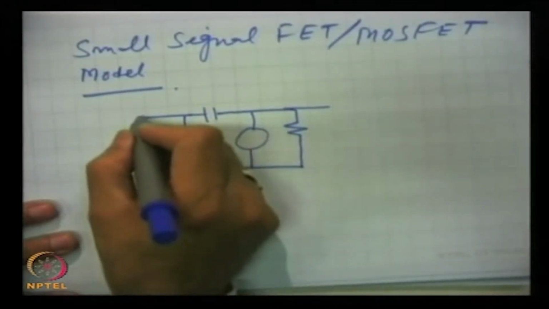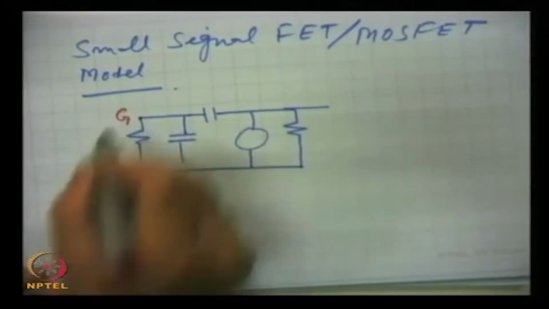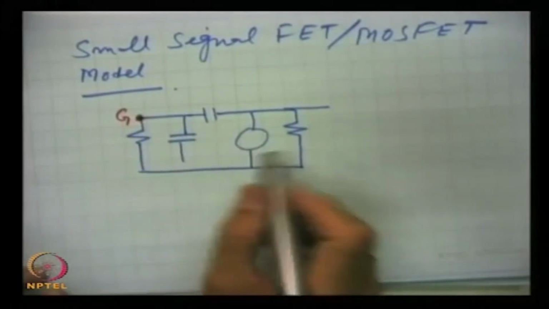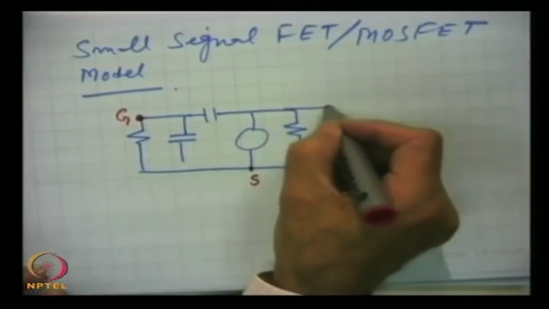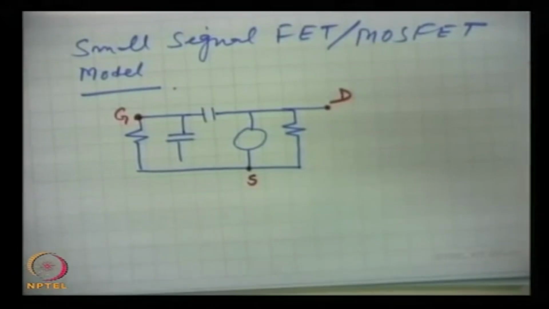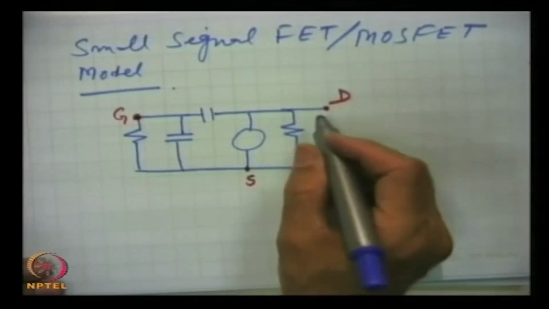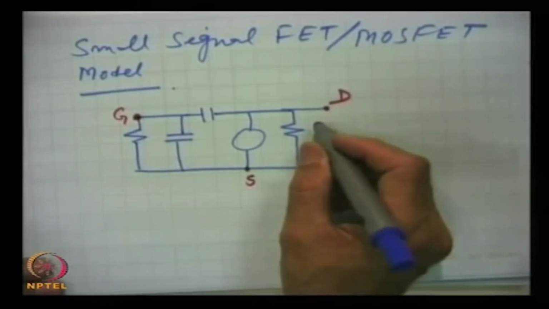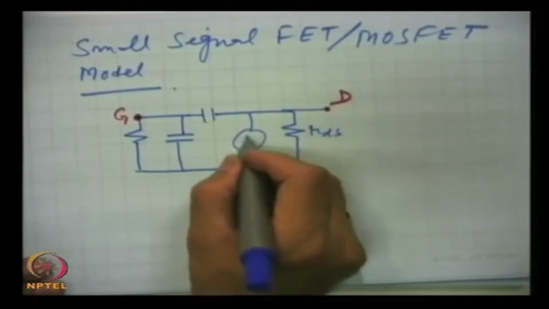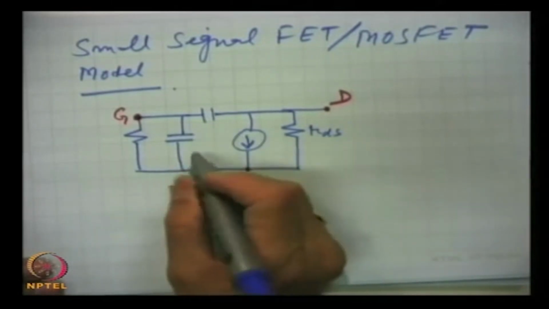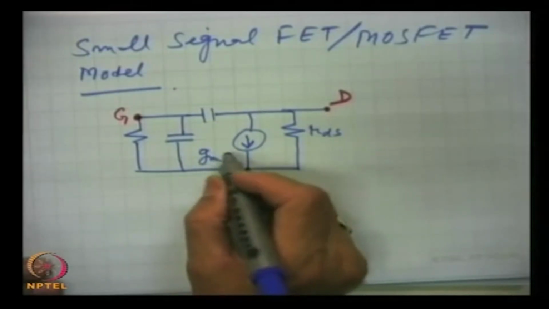This is the gate terminal here, this is the source, and here is the drain. This is the output resistance which we talked about, RDS, and this is the current source, GM into VGS.